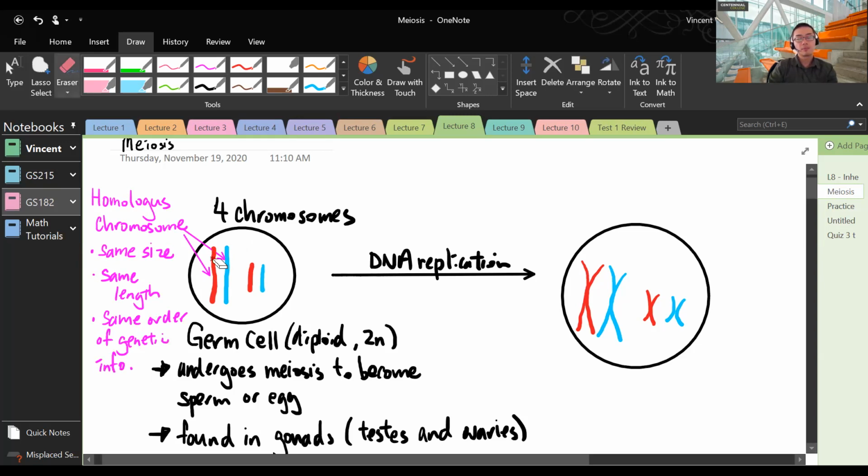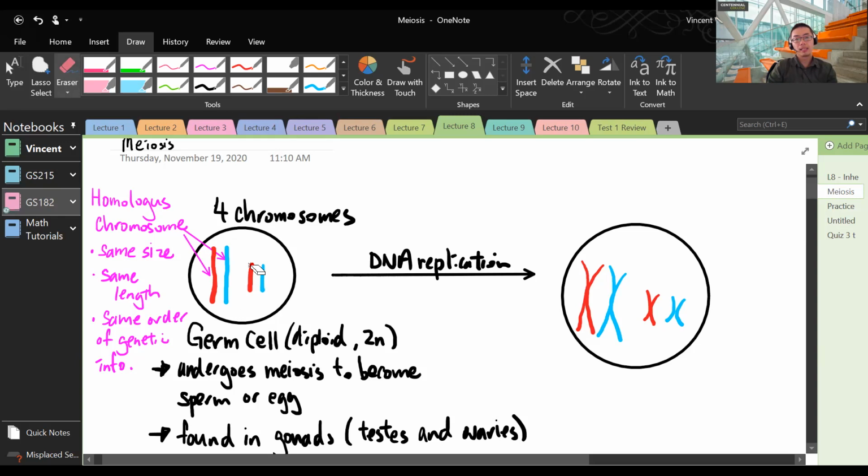For example, just making this up, if the information is eye color, blood type, earlobe type, then on the other one it would be in the same order: eye color, blood type, earlobe type. It's found in the same order, but not necessarily the same version. On one it might be brown eyes and the other blue eyes. Not necessarily the same, but the order of genetic information would be the same.